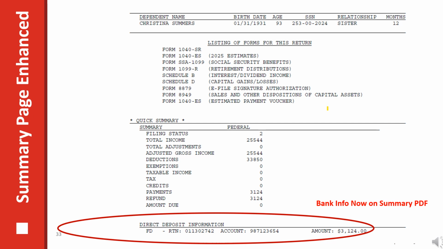The difference on this particular slide is that we now have the bank information. So assuming somebody has a direct deposit or a direct debit, the bank information, the routing number and the account number now show up on the summary screen. Previously they did not. So that's one of the improvements, and then on the next screen we'll get into the other one.